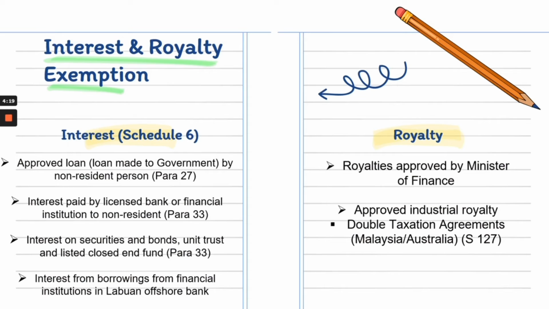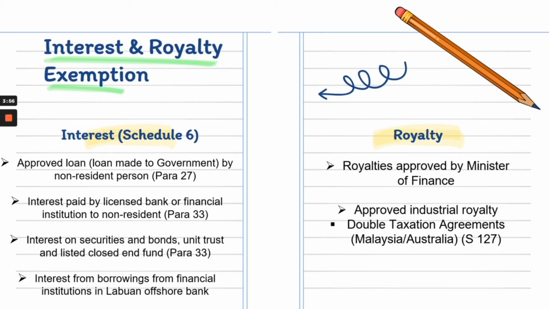For the withholding tax on interest and royalty, there are a few exemptions. Firstly, for interest, an approved loan, which is a loan made to the government by a non-resident person, will be exempted. Next, interest paid by a licensed bank or financial institution to non-residents. In addition, interest on securities and bonds, unit trust and listed closed-end fund.